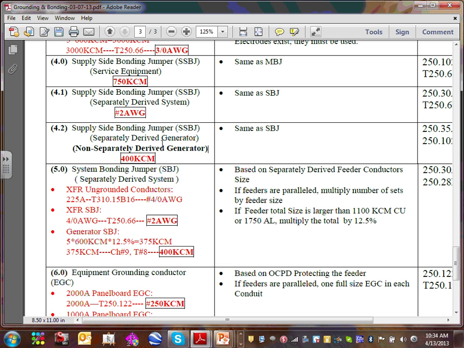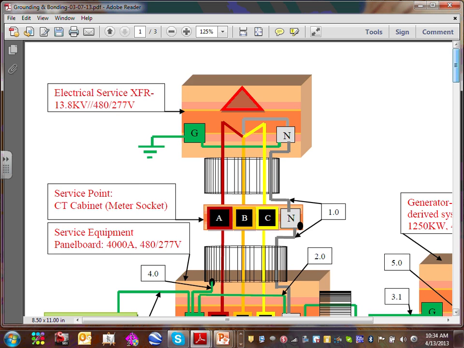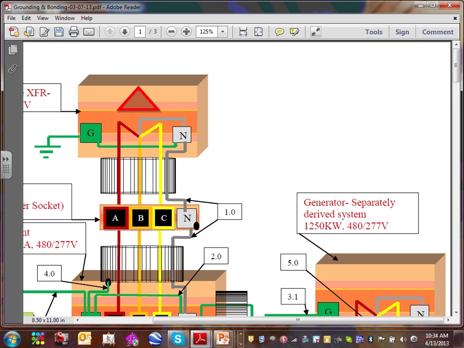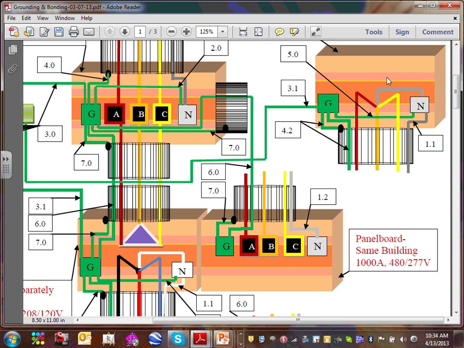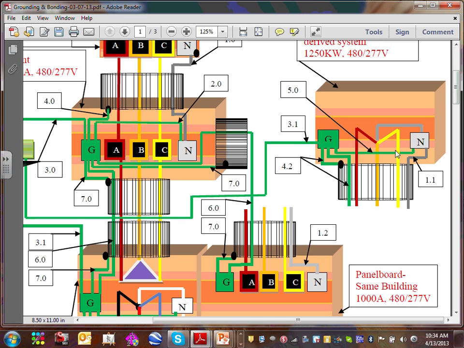The only difference, if this generator was not running as a separately derived system, is that number 5 will cease to exist. You just remove that system bonding jumper; it's not there. Everything else stays the same. All the calculations stay the same for separately or non-separately derived generators.